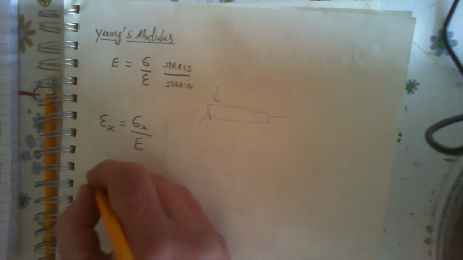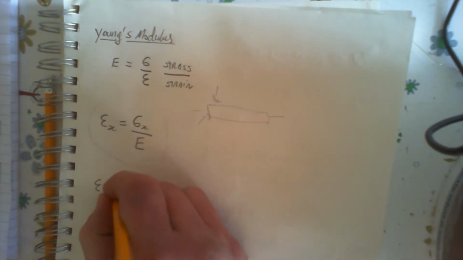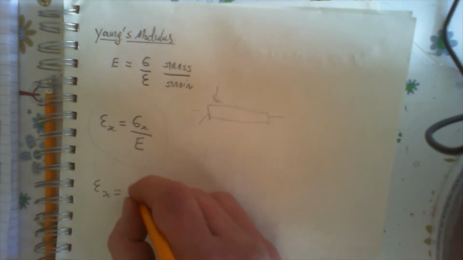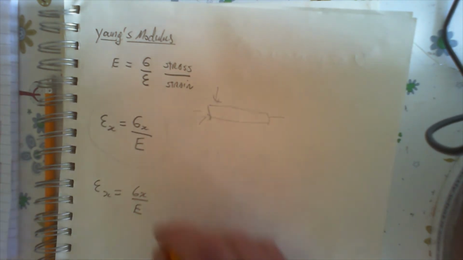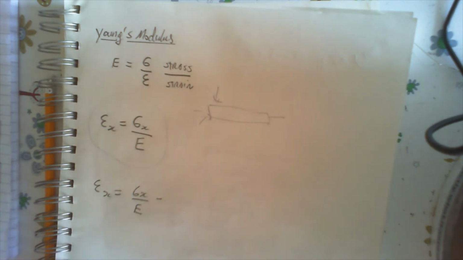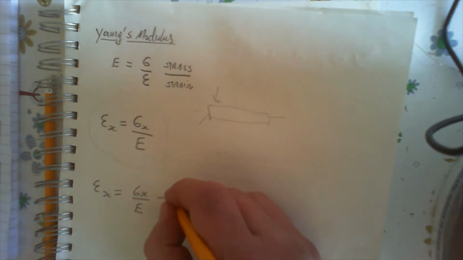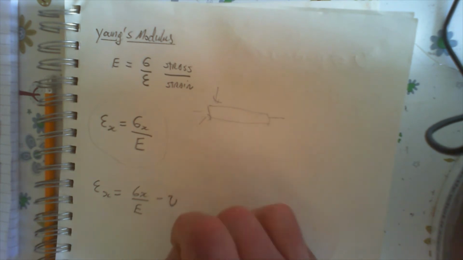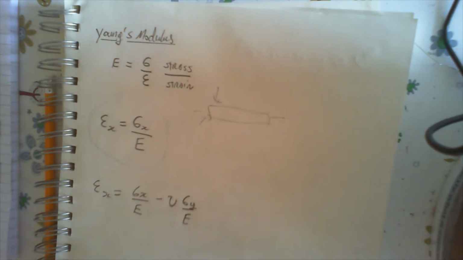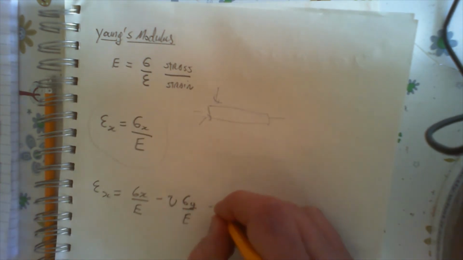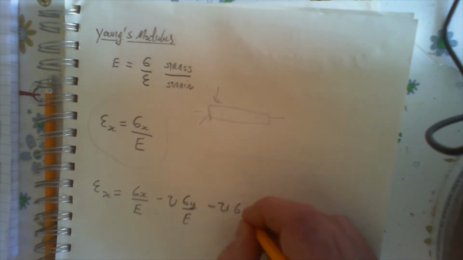So by doing so, we can say the strain in x is the stress in x over Young's modulus, minus Poisson's ratio times the stress in the y direction, the lateral directions, minus the stress incurred in the z direction.